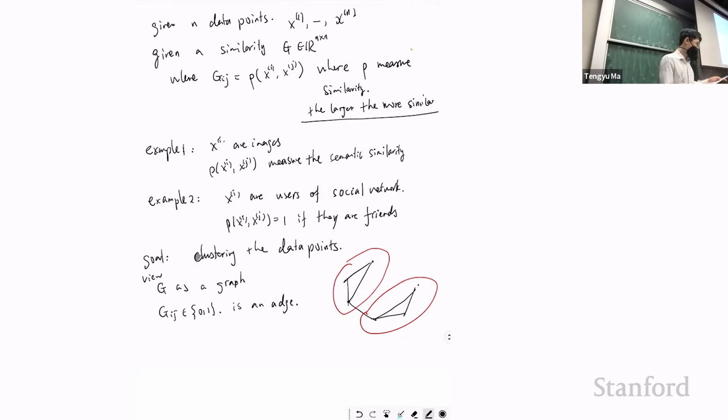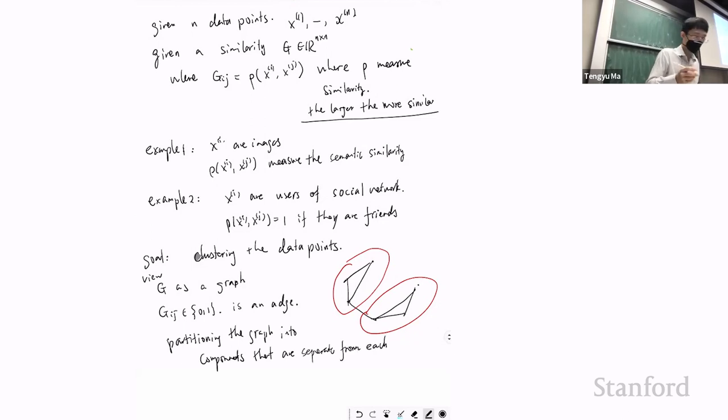So in some sense, you can now view it as partitioning the graph into components that are separated from each other, to some extent.